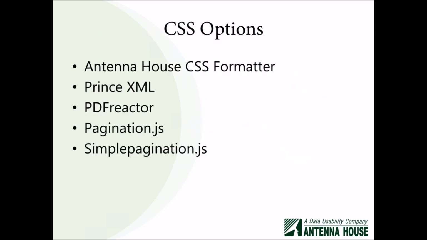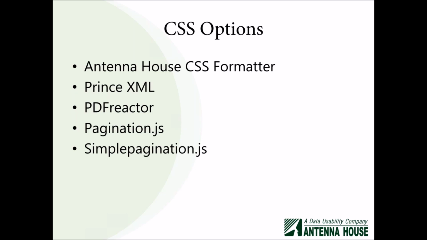And again, like with XSL FO, there's a lot of tools available. And all these tools have a certain level of interoperability for the content and the style sheets. So there's Antenna House CSS formatter. Really the granddaddy of the CSS formatting engines is Print XML.